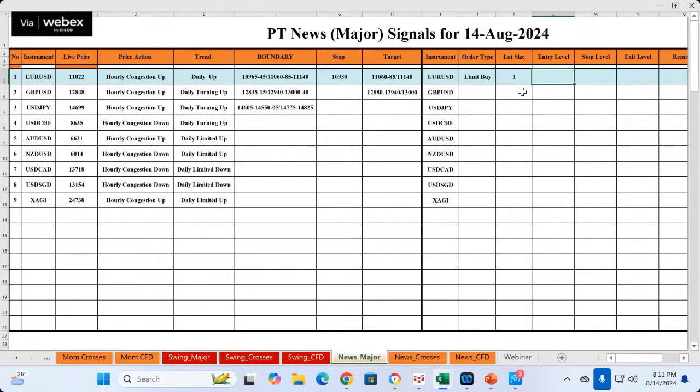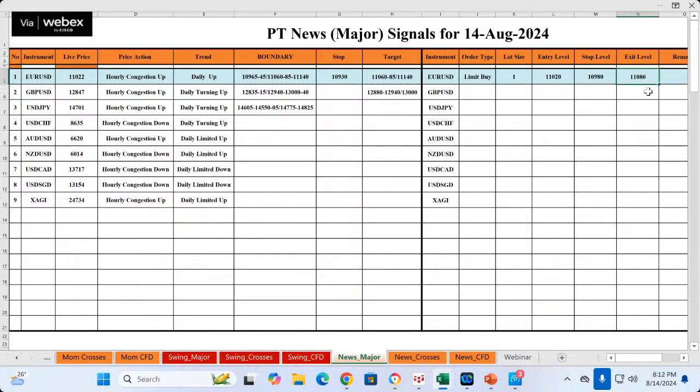Okay, we are going to do two types of entry. The first one is we try to enter at market. This is mainly for the aggressive trader, and for this the stop loss is going to be 10980, and the exit we try to exit at 11080.